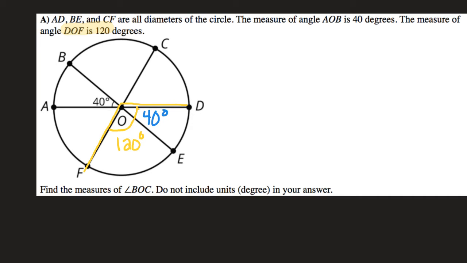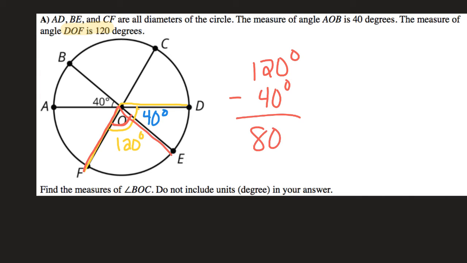So to be able to find just this smaller angle in here, FOE, this smaller angle right in here, we need to do 120 degrees minus 40 degrees, and that gives you 80 degrees. So just to clean up some stuff in here, I'm going to get rid of this yellow part. Get rid of this, and we're going to label this angle as 80 degrees.